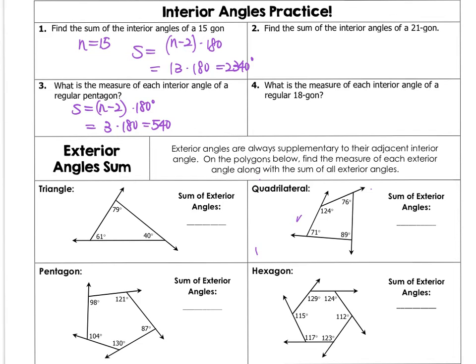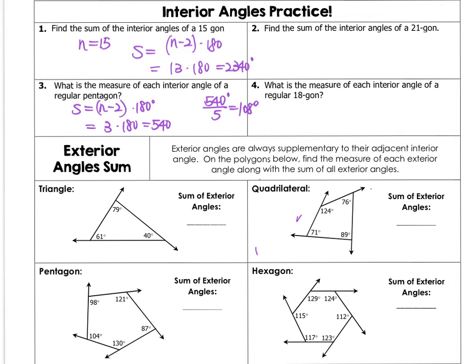And to find one angle, it's simply 540 divided by the number of sides, which is 5. And that should be 108, right? So that's how you use the interior angle sum, and how to find one interior angle measure for regular polygons.